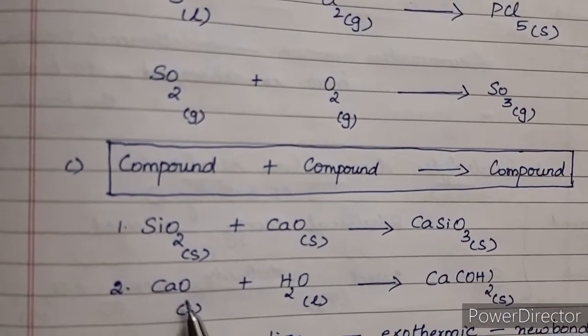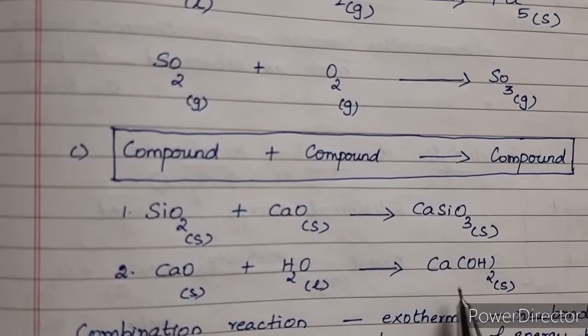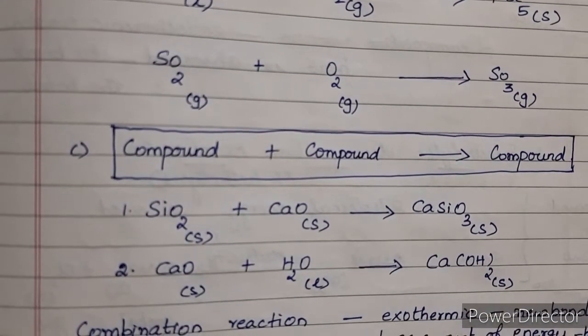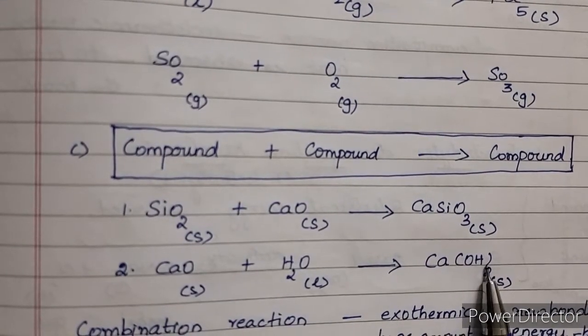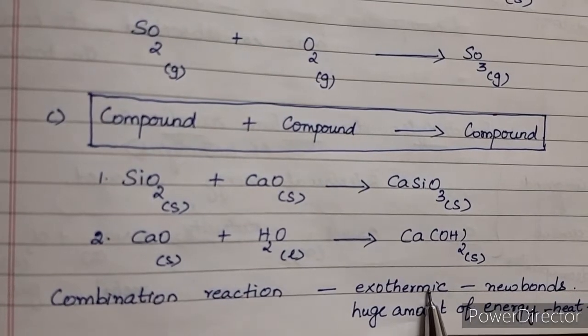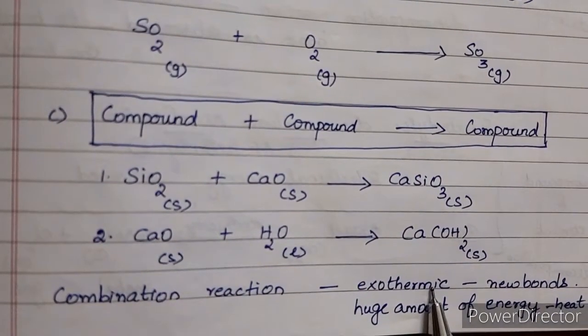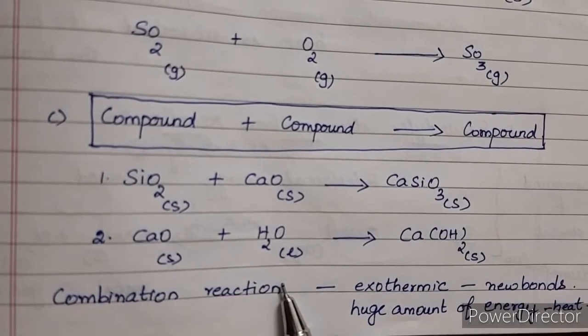Right? Now the second example is calcium oxide combines with water to form calcium hydroxide. Now the compound combines with the compound to give the compound. All the combination reactions are exothermic reactions. Now why is it an exothermic reaction? Since it is a combination reaction, the formation of a new bond takes place, isn't it?